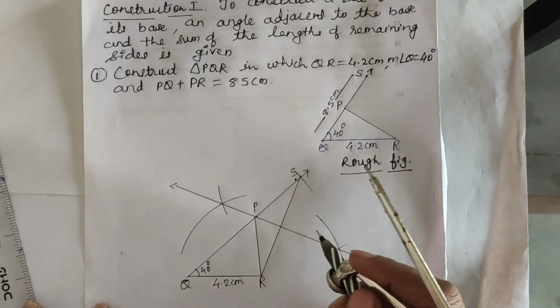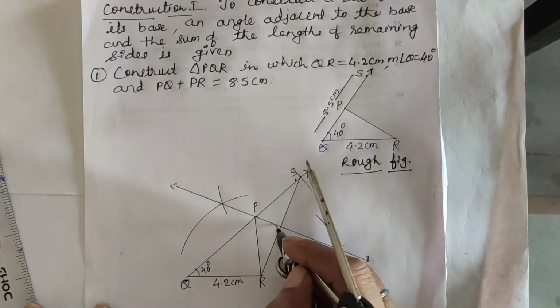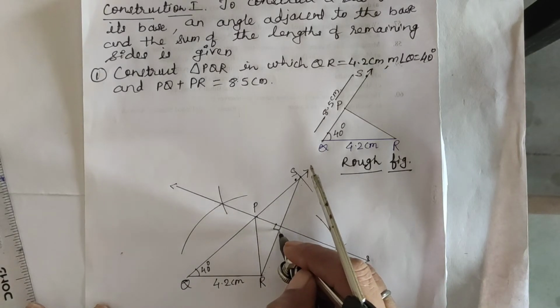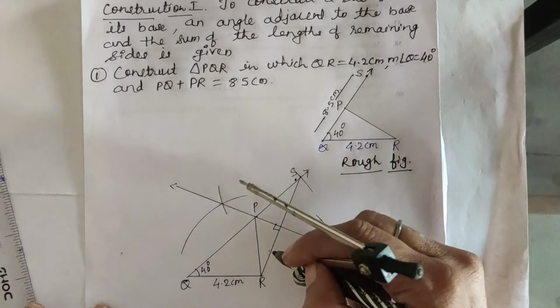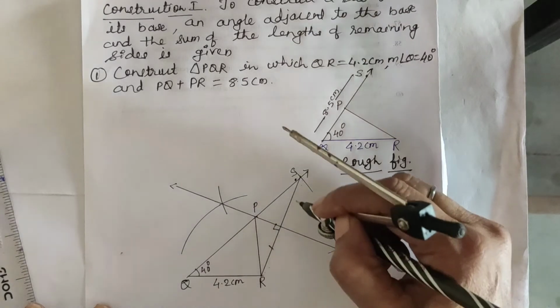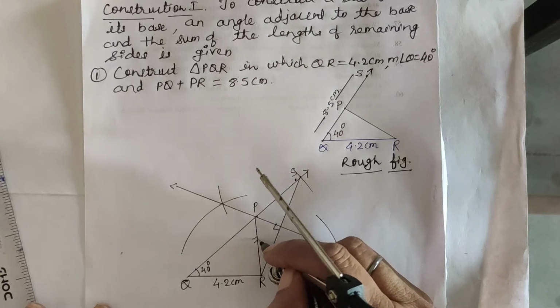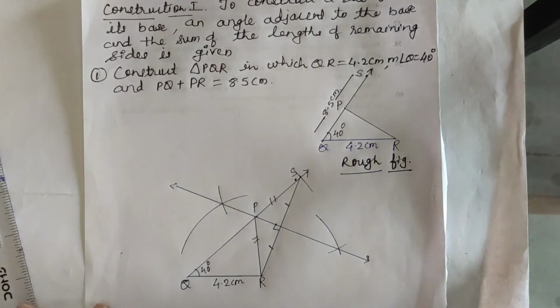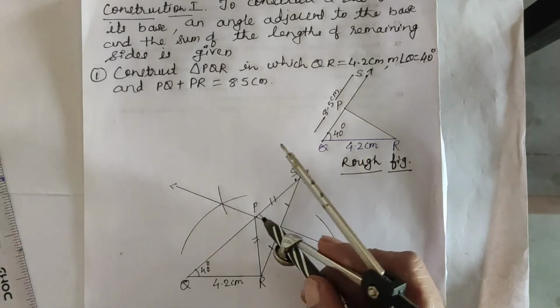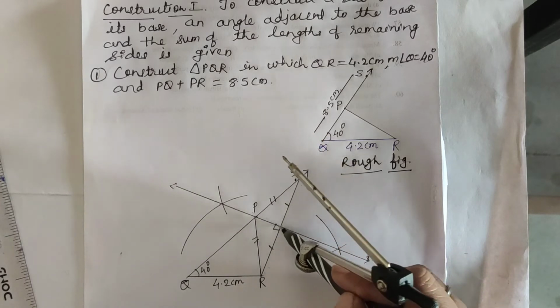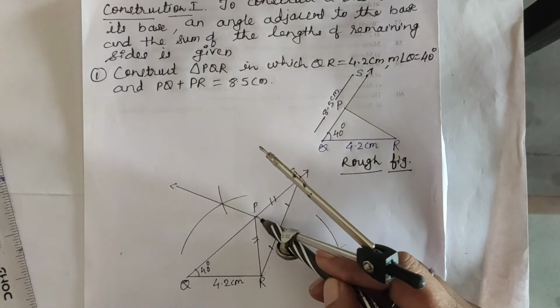And now you have to put the symbols. Here you see, as you have drawn the perpendicular bisector of this segment, you can see here this is equal distance and this also equal. Now in the beginning only I explained to you the perpendicular bisector theorem. Now you see this we have used here. Every point on the perpendicular bisector. So which is the point on the perpendicular bisector now?